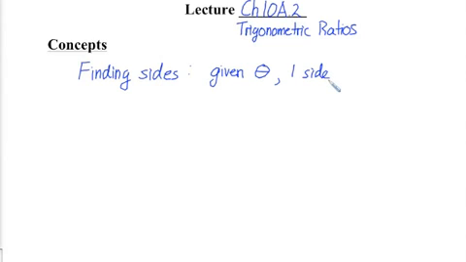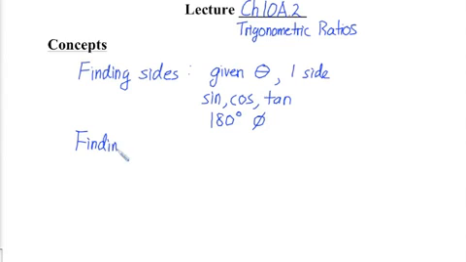Using our trigonometric ratios of sine, cosine, and tangent, we were able to find the other sides, and using the property of triangles, knowing that all angles add up to 180 degrees, we were able to find the other missing angle, often called phi. In this video, we're going to look at finding angles.